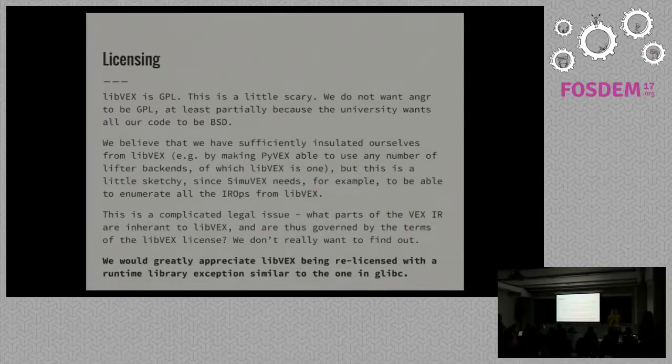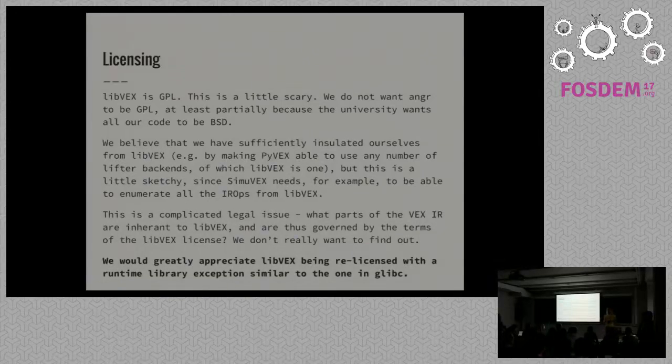But in the end, it becomes this weird legal question of what the GPL covers. Does the GPL cover the implementation of Libvex, or does it cover the concept of the VEX IR? And we really don't want to find out the answer to that question.